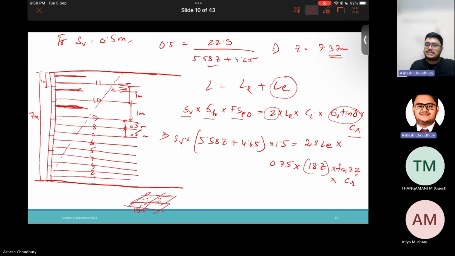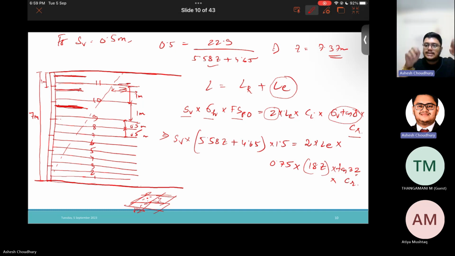If we had placed a geotextile, then we would have used the friction angle between the geotextile and the soil, because there is interaction between the geotextile and the soil.